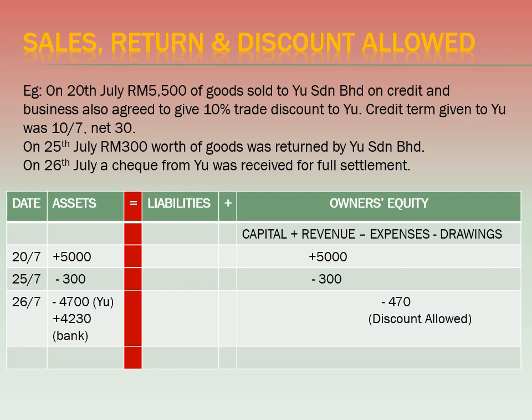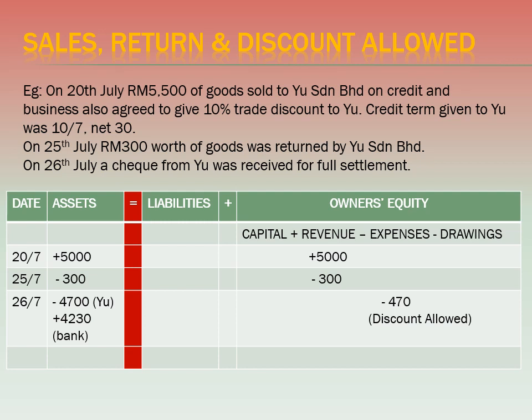So we will deduct 4,700 from the accounts receivable, and the business will receive only 4,230. That is only 90% of the actual amount of money owed by used number hard.